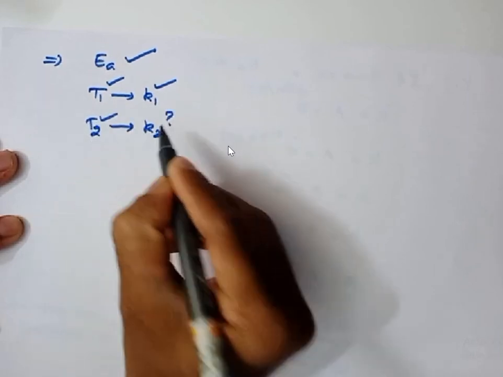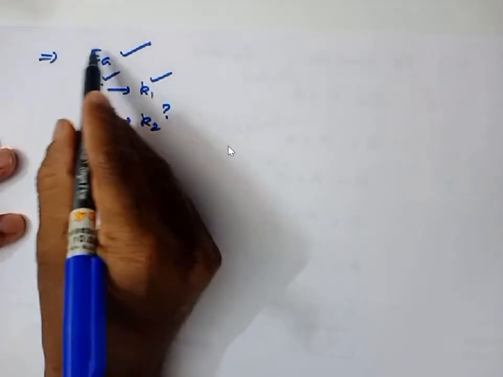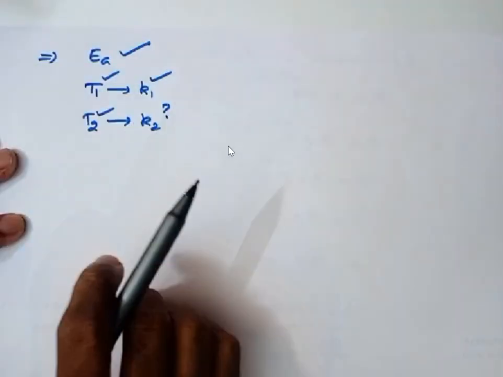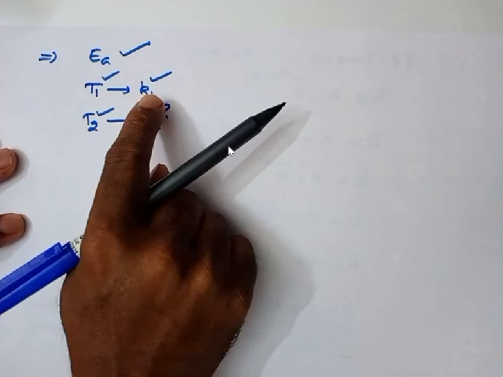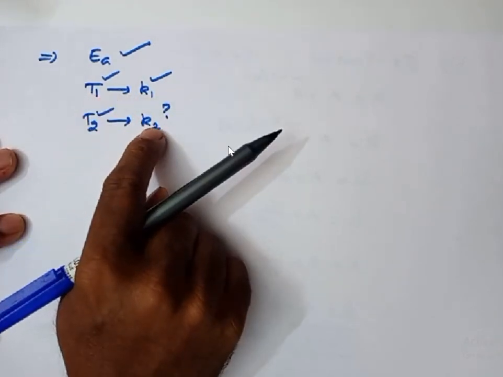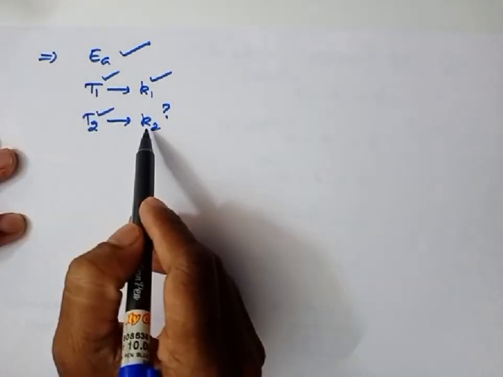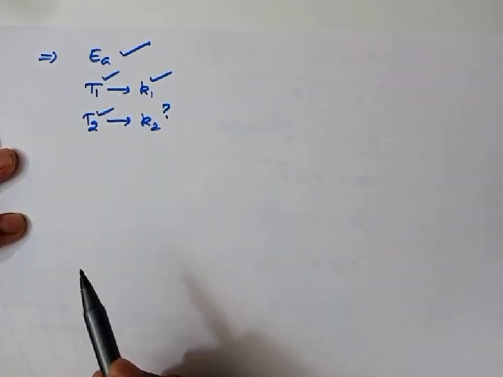You can calculate K2. If activation energy is known, then given the rate constant at T1, you can very easily find the rate constant at any other temperature.